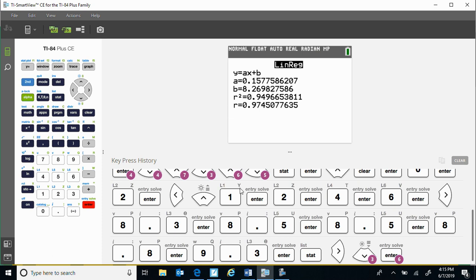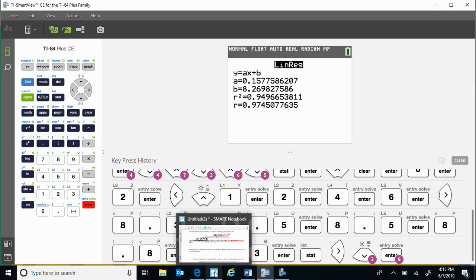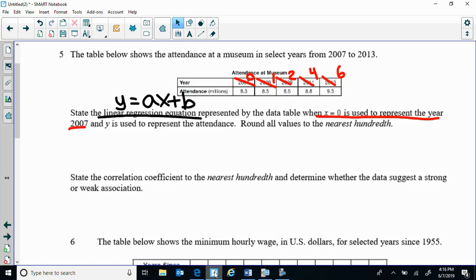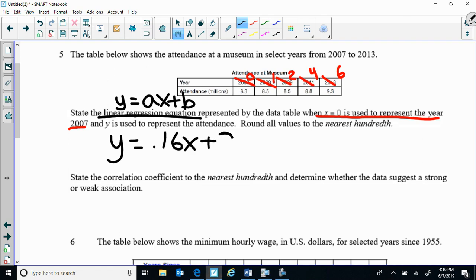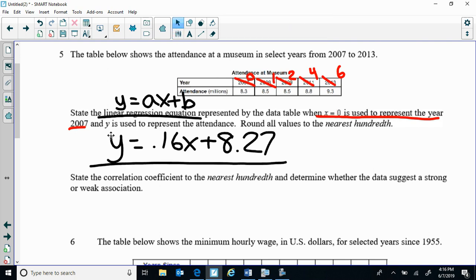Remember, 5 or more, raise the score. This is what I need if it asks for a linear regression equation. I need a y equals, and you have to have your x variable in there. You cannot just write y equals ax plus b, a equals, b equals. I need it in this format.